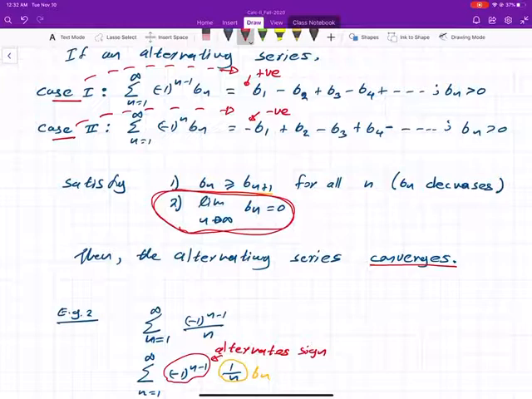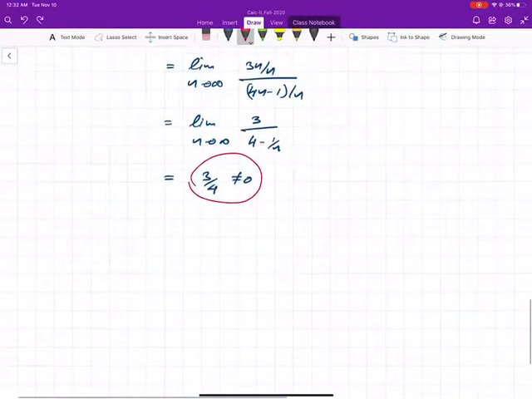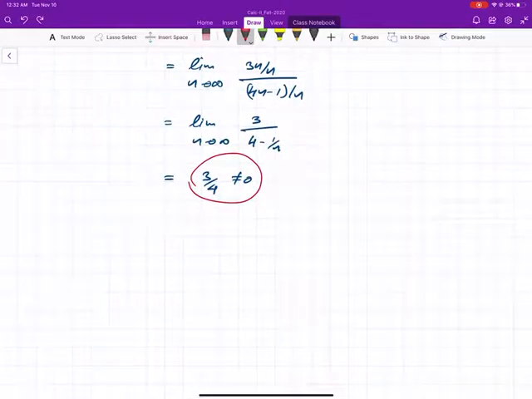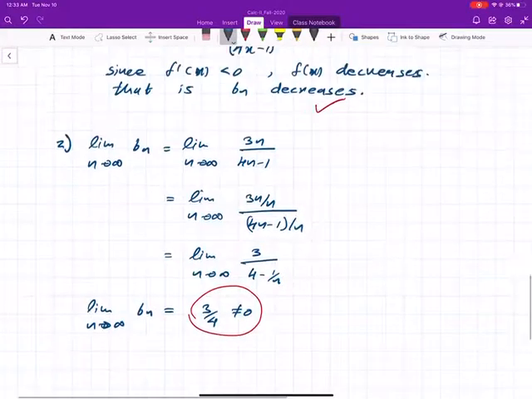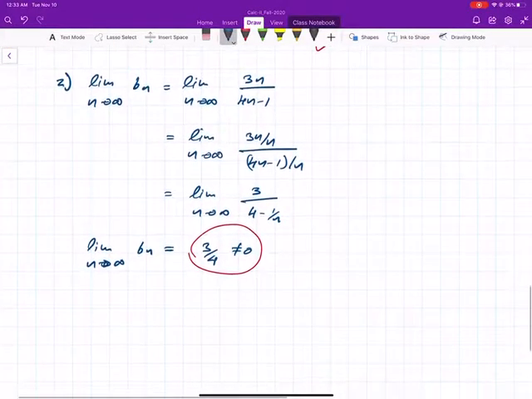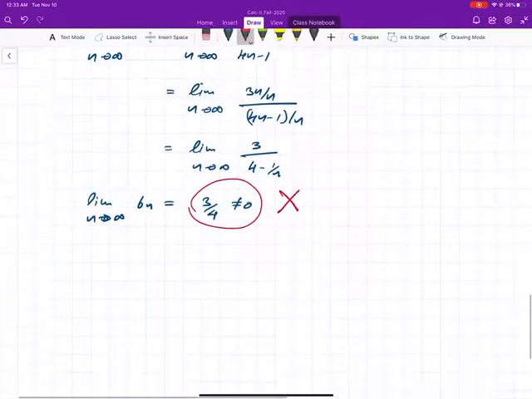But unfortunately, we had that limit to be 3 over 4, which is not 0. So this means it's a contradiction. It does not satisfy the second condition.